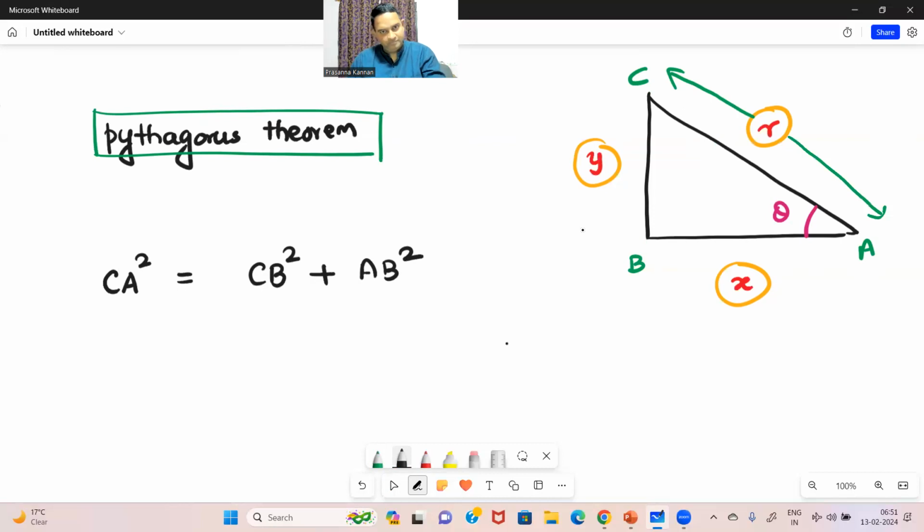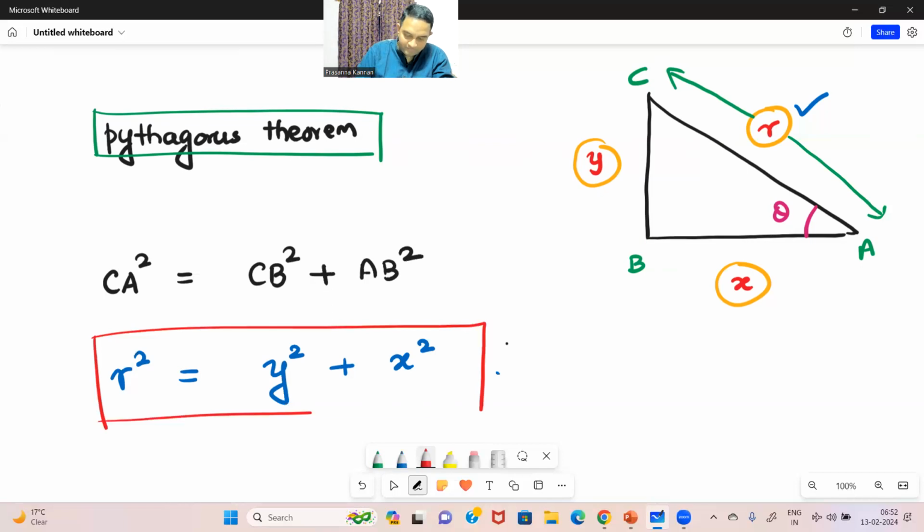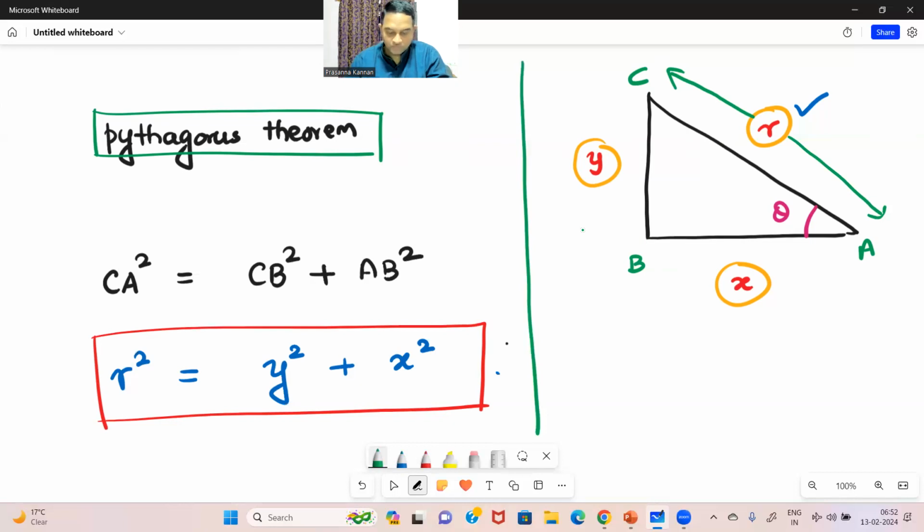This is Pythagoras theorem. Now what is CA? You can see in the diagram, it is r, so CA square will be r square. CB is y, so y square. And AB is x, so x square. But uncle, how did the square come?